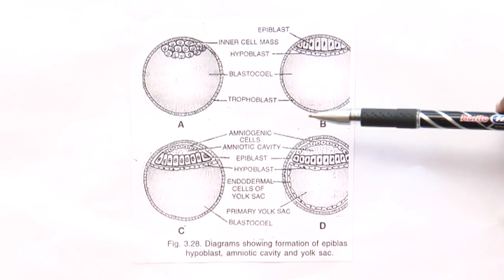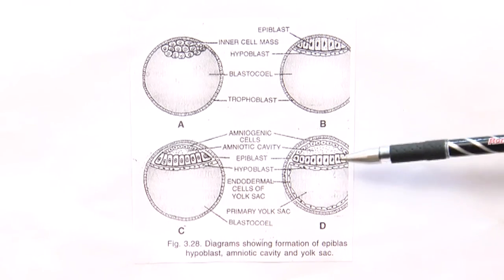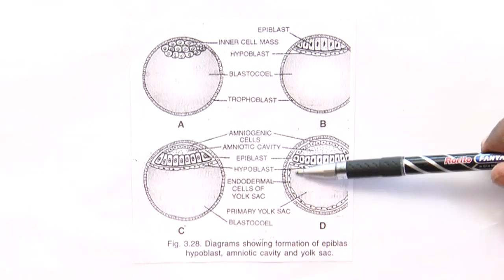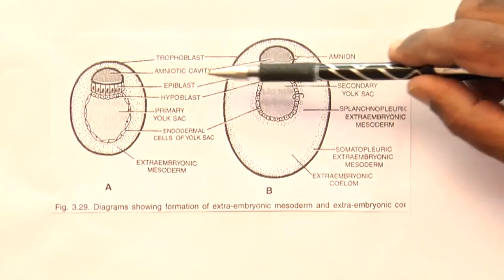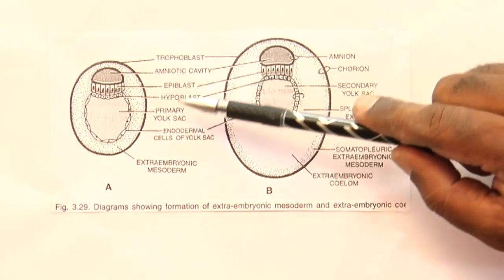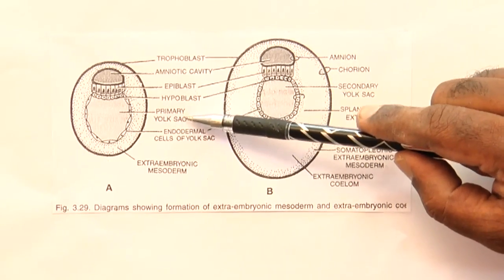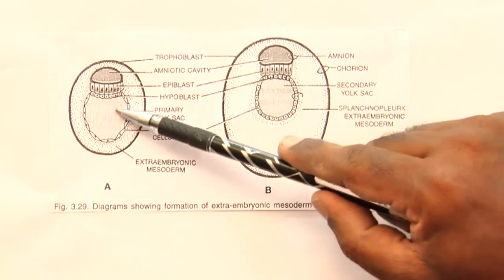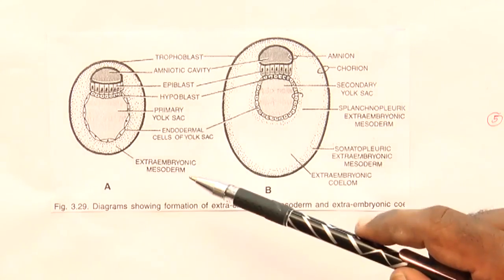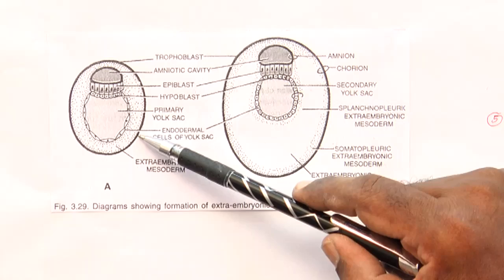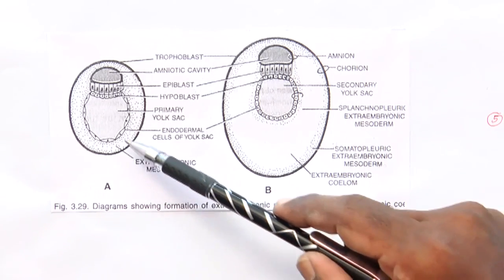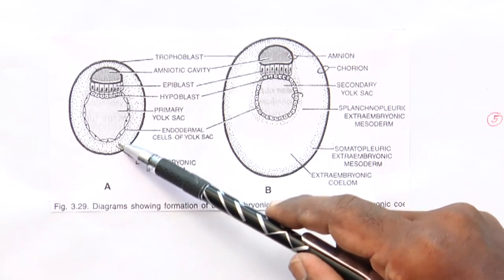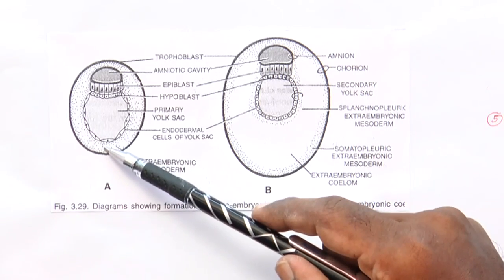And later a yolk sac is also formed. Here you can see the yolk sac. So in this diagram you can see that the primary yolk sac has increased in its size, and the trophoblast forms the extra embryonic mesoderm. Here, extra embryonic mesoderm.